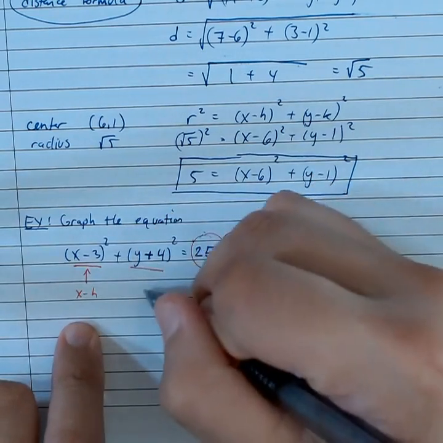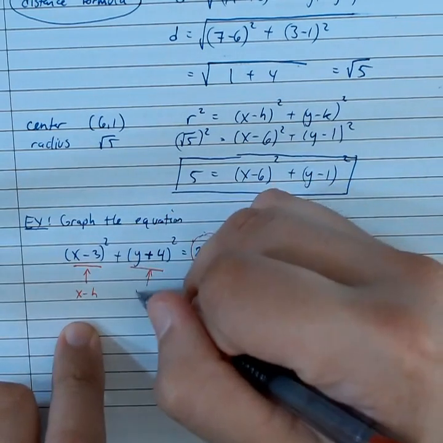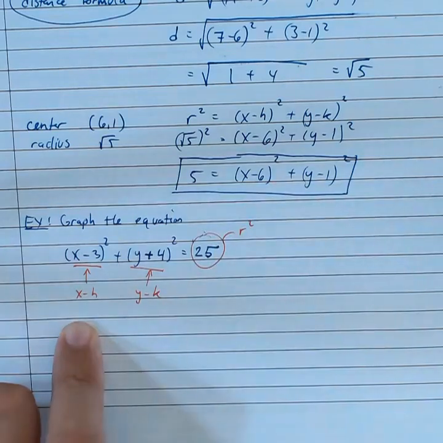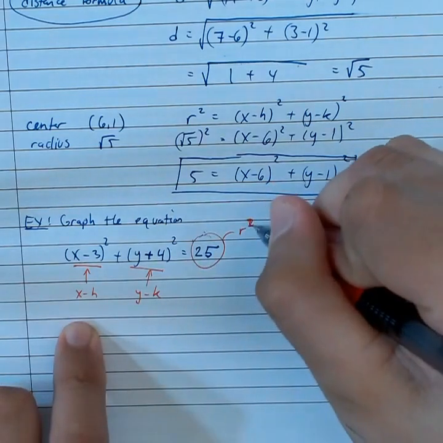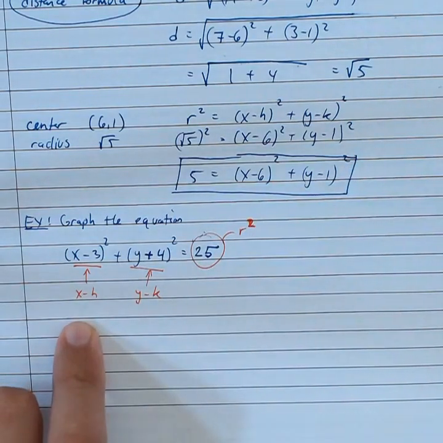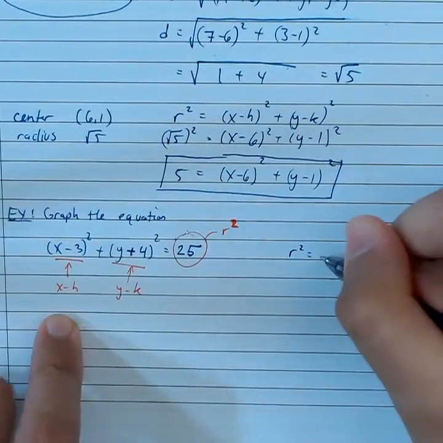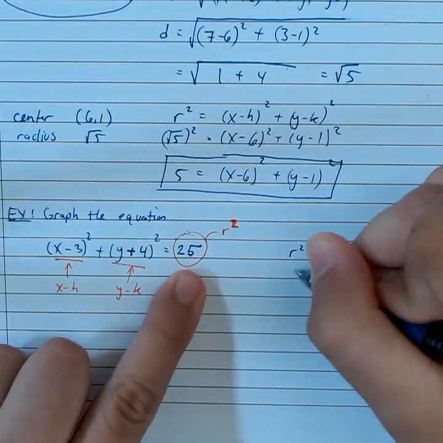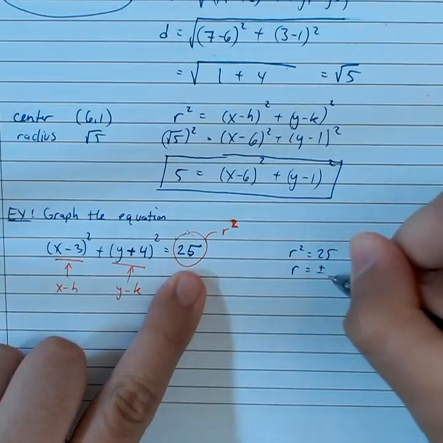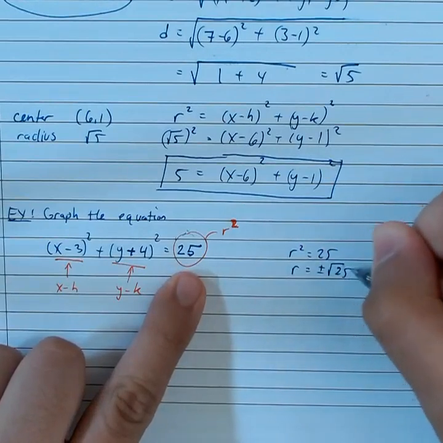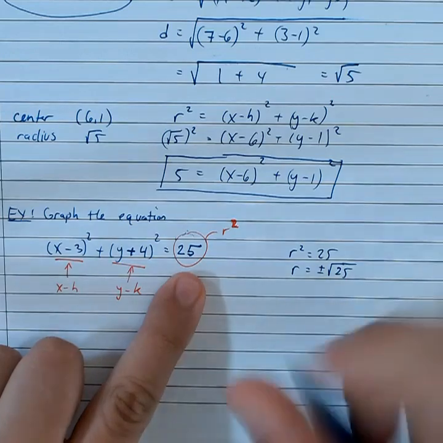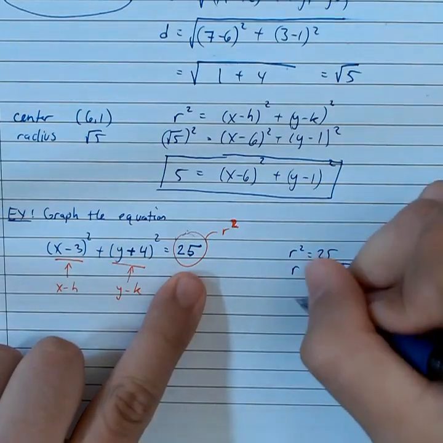And this y plus 4, that is your y minus k. So from there, I can find my r, my h, and my k. Here, I know that r squared is going to equal 25. So then r is equal to plus or minus the square root of 25. Take the square root of both sides, which I know the square root of 25 is just the number 5.